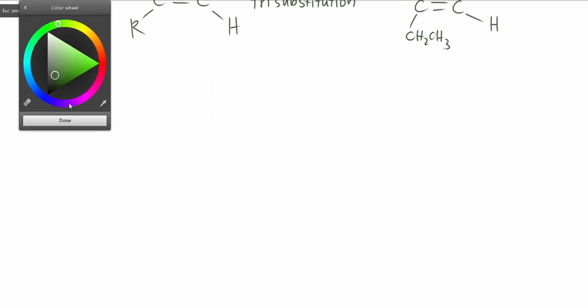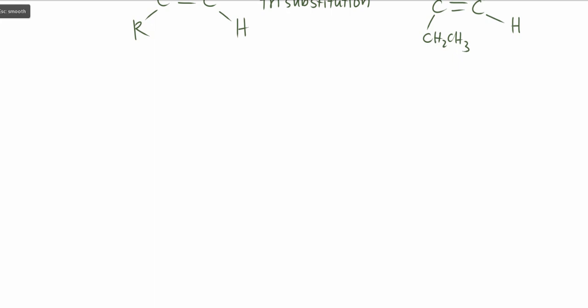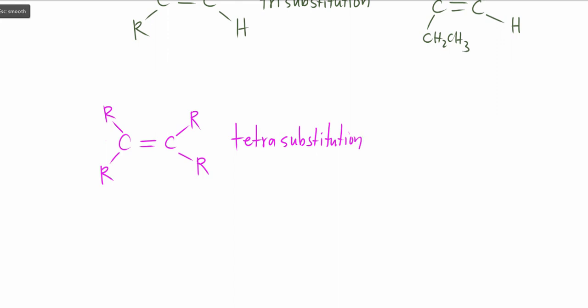And the highest degree of substitution that you can have, you've probably guessed it, is a tetrasubstitution. So if I have carbon, carbon, and I replace all of my hydrogens on ethene with R groups, this is a tetrasubstitution. So an example of that would be carbon double bonded to carbon.